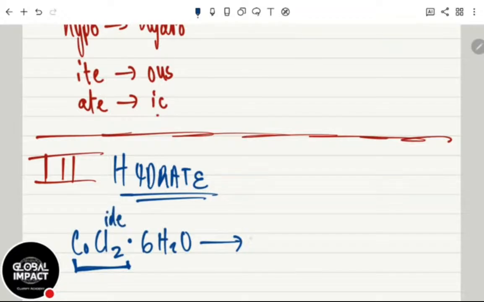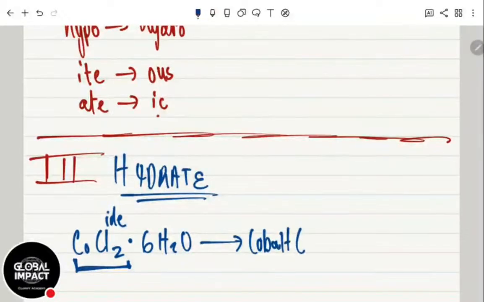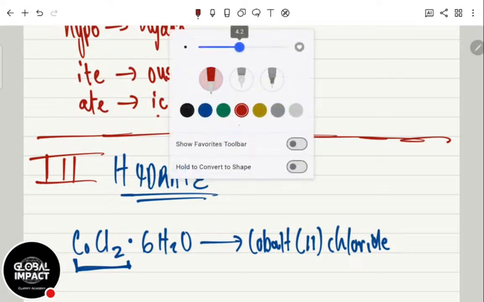The first is going to be cobalt. But because it's a transition metal and I'm writing the name, I should put its oxidation state. The 2 will go to cobalt and the 1 will go to chlorine. So this is cobalt 2 chloride. That's what I'm going to do when I'm naming. I say cobalt 2 chloride.